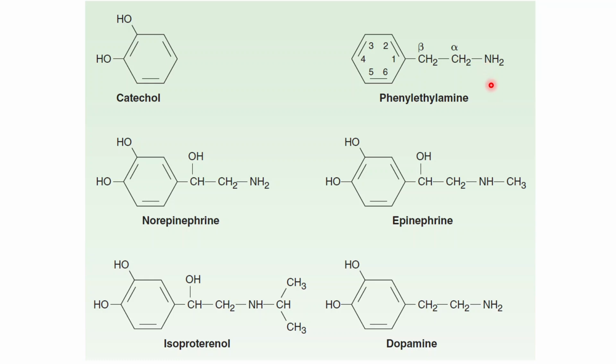Substitutions may be made on the benzene ring, the terminal amino group, and the alpha and beta carbons of the ethylamine chain. Substitution by hydroxy groups at the 3 and 4 positions yields sympathomimetic drugs collectively known as catecholamines. So this is a catechol molecule for reference.